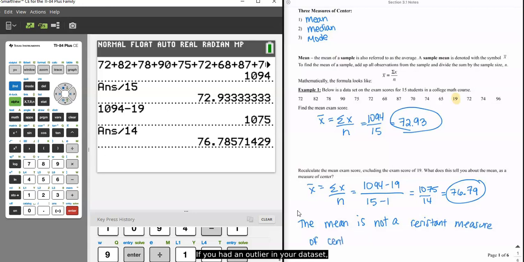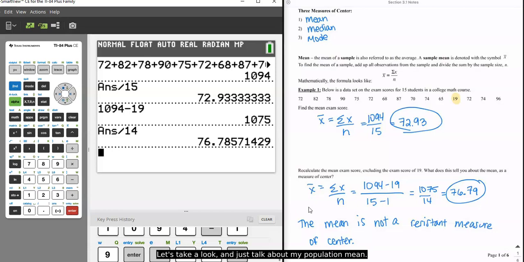If you had an outlier in your data set, whether it's a really small value or a really large value, and you calculated the mean, that outlier is going to influence the mean. It's either going to shift it higher than it should be or lower than it should be. So if we exclude that 19 from my data set, that 76.79 is more of that theoretical mean that we would expect, because more of the data are around that area. So that would be my sample mean.